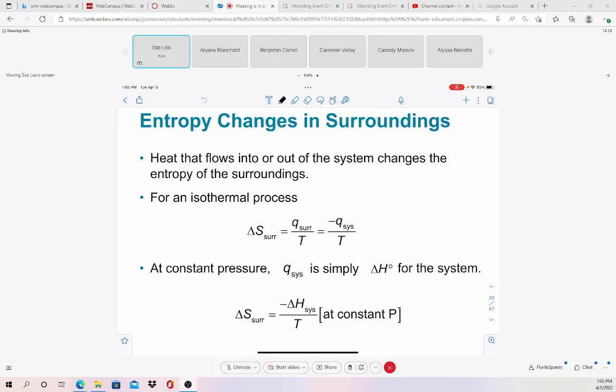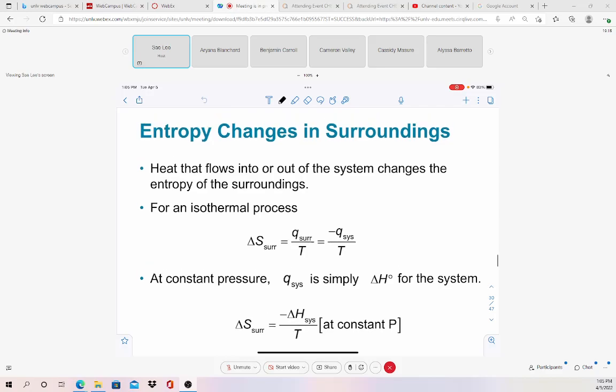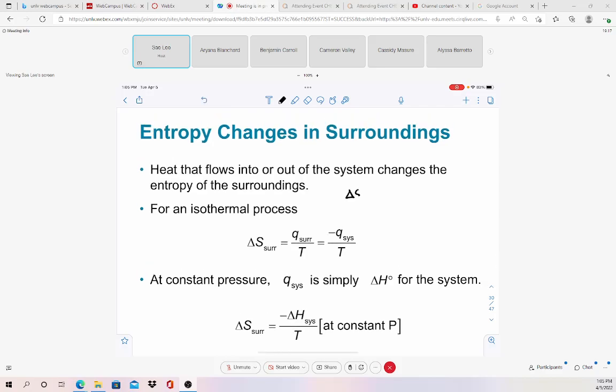If you can recall, we learned this equation last week. We looked at entropy changes of the system, but in this slide, we will take a look at the entropy changes in the surroundings.